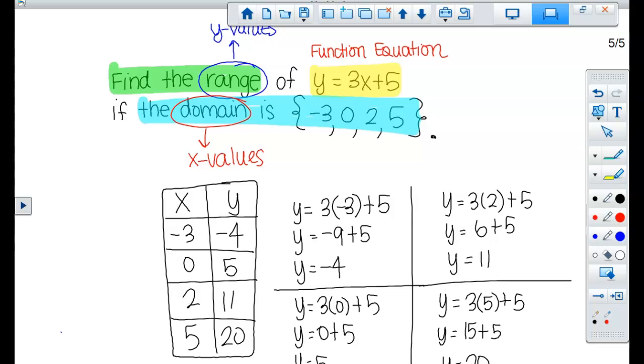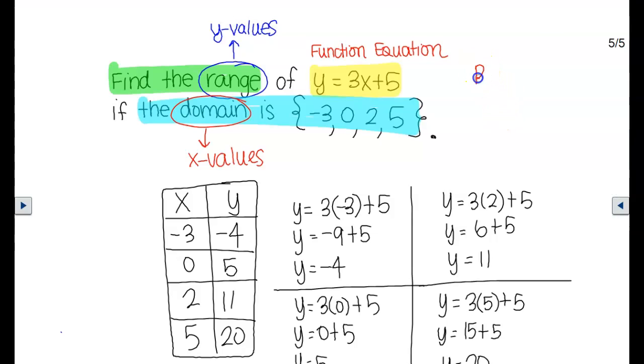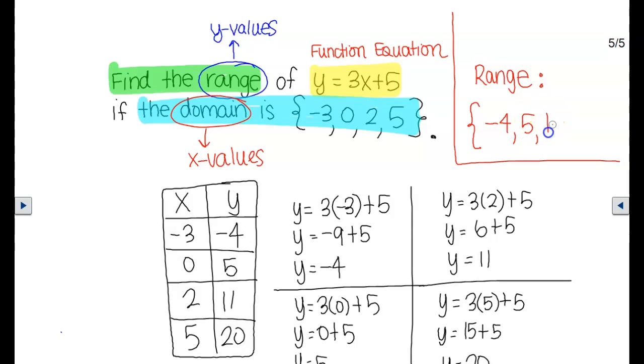They said to me, find the range. So right here I'm going to answer their question. The range on this problem is negative 4, 5, 11, and 20. Those are my y values.